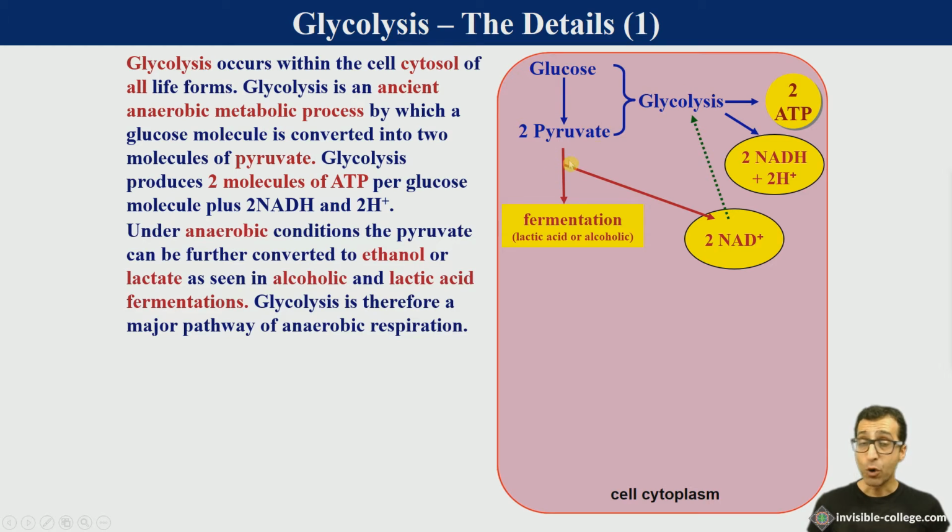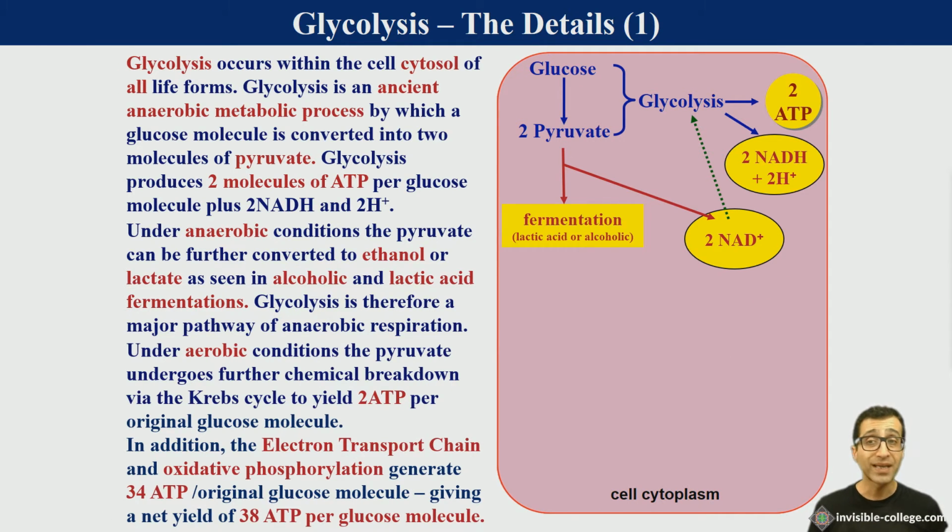Now, under anaerobic conditions, the breakdown product of glucose, these 2 pyruvate molecules, can be further converted into either lactic acid in animal cells, for example, or ethanol within plant cells. So, glycolysis is therefore a major pathway for anaerobic respiration because, again, this does not require an input of oxygen.